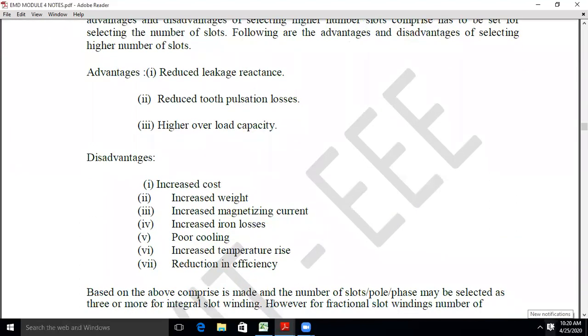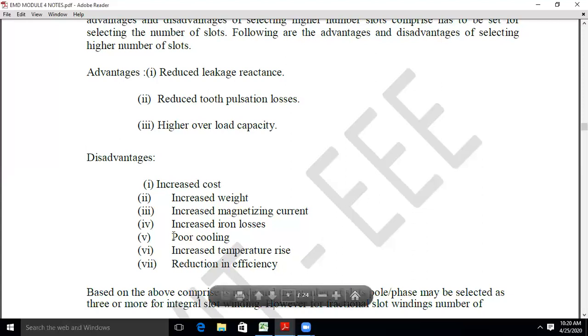If I select a higher number of slots, then there will be increased cost, obviously. Then the weight of the machine will increase. Then increased magnetizing current. Then increased iron loss, as we are using more slots and the material required is also more, hence the losses in the material will be more.